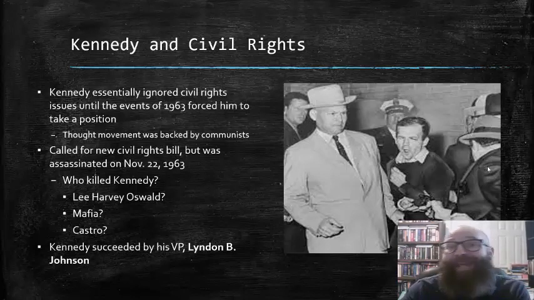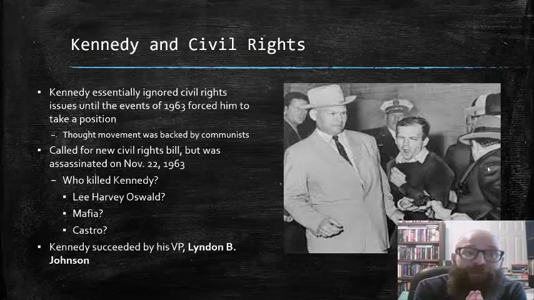Jack Ruby, of course, had ties to the mafia, and John F. Kennedy was notorious for his anti-mafia policies and attempts to break the mafia's control and hold on organized crime in the United States. This has led many to posit theories that it was the mafia that was behind Kennedy's assassination. Others think that it was Castro and his regime that was somehow behind the Kennedy assassination.